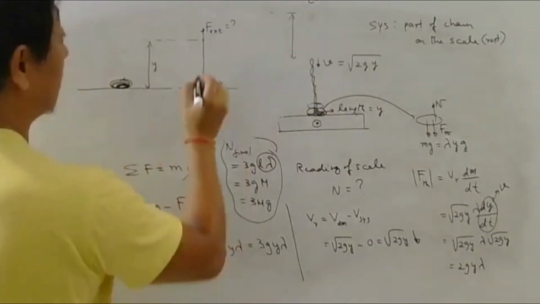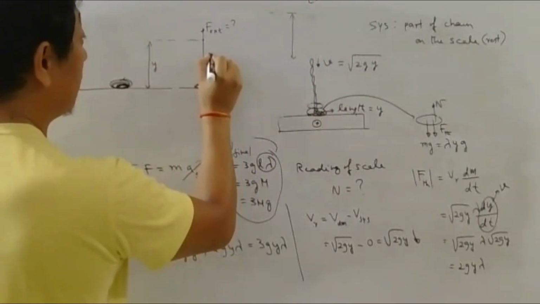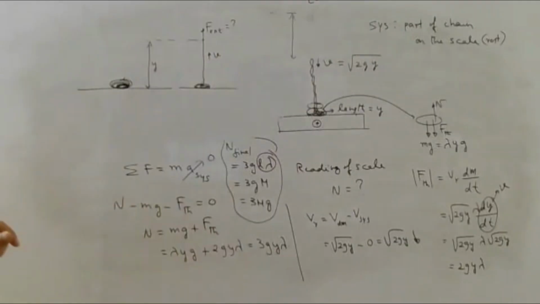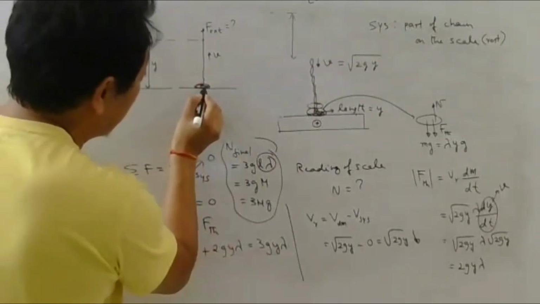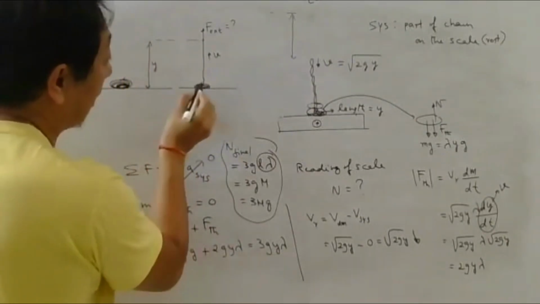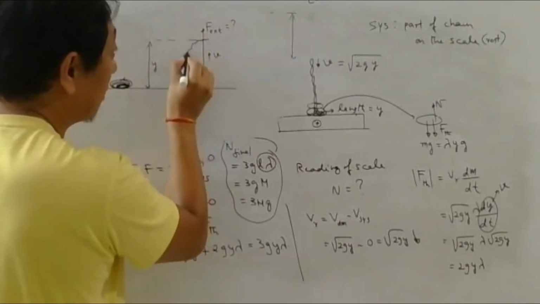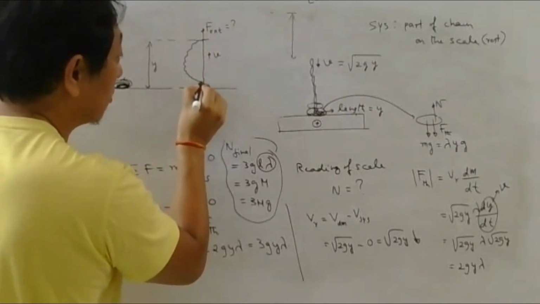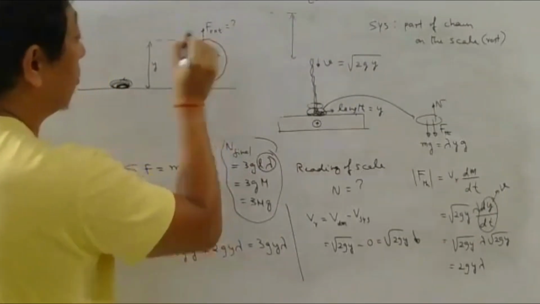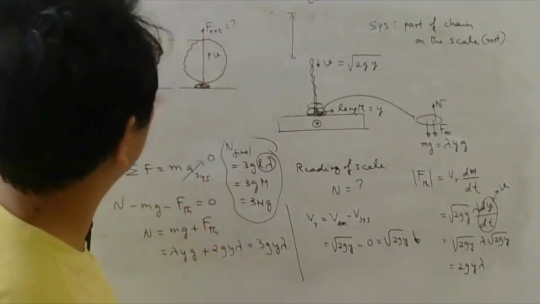They may ask that. Every point is moving with v speed. Then these particles which are at rest are getting added to these particles. So which is the best system to choose? This is the best portion of the wire to choose as the system.